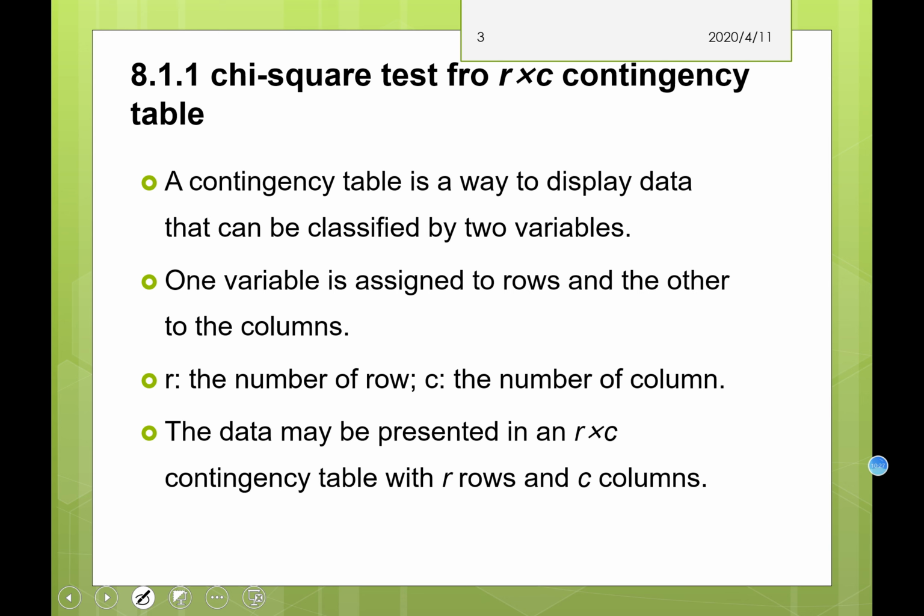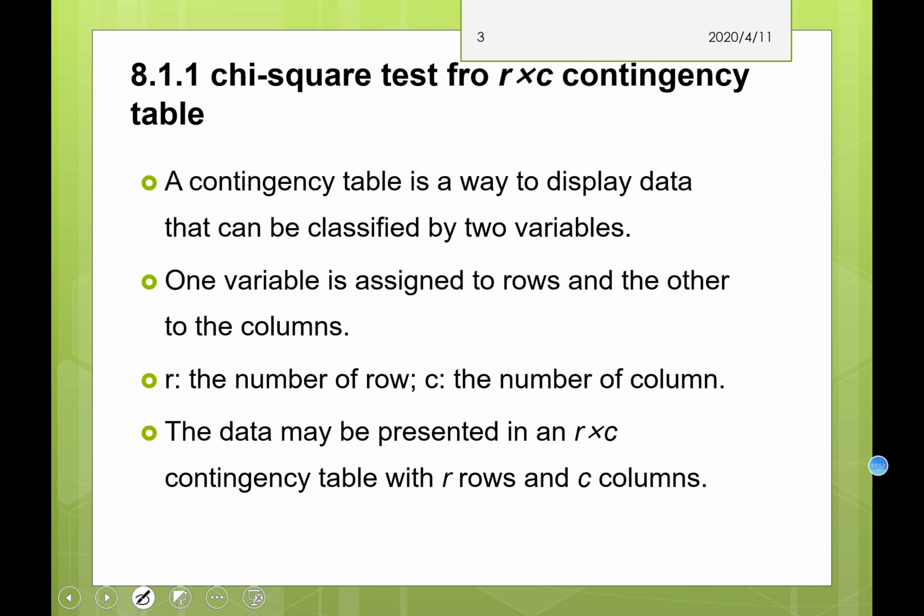Similarly, C means the number of columns. And we said that most often we use effectiveness, for example, as the column variable. Here the number of columns should be the number of levels of the effectiveness.